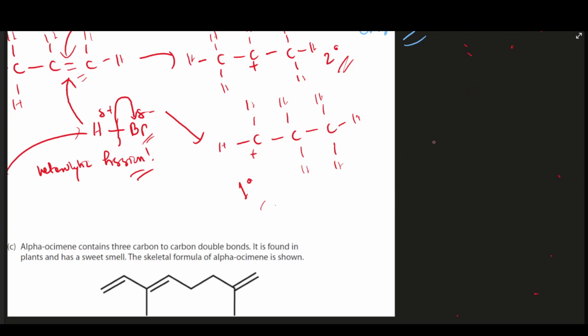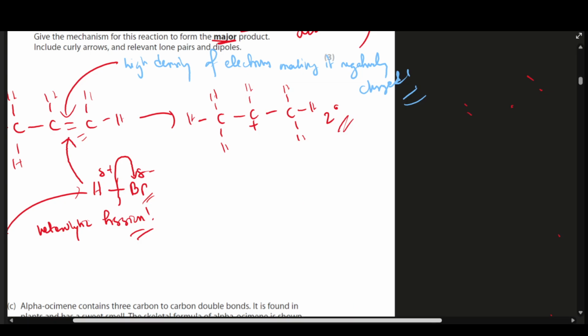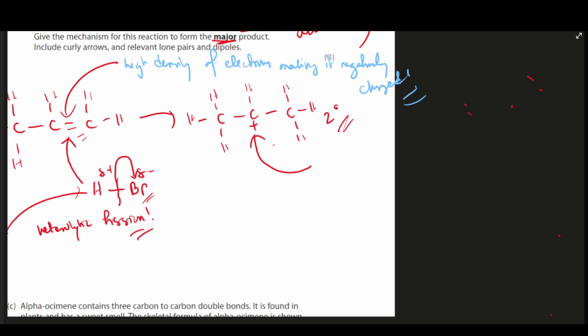So who is the major product? Obviously the second degree one is the major product, so we can just omit the minor product, the first degree carbocation, and just continue with this one. So the next part, what happens? The bromine which came out, now this will attack.